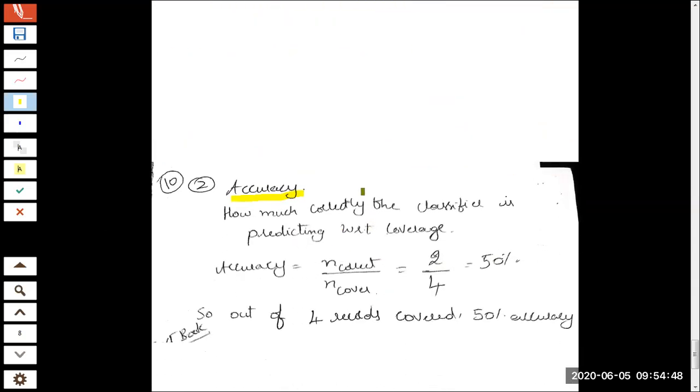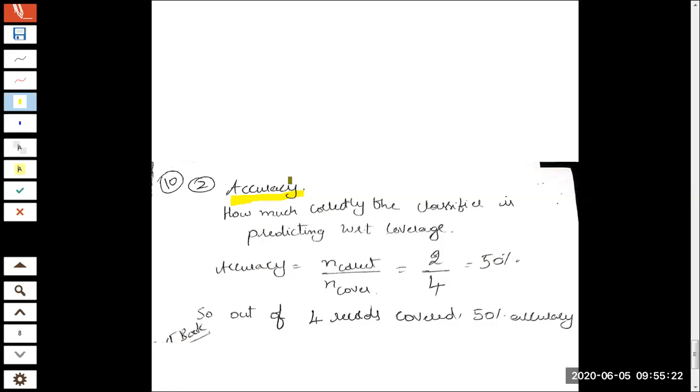Next one is accuracy. Now I just now mentioned out of 10 students, I'm able to identify 4 students. I'm able to name 4 students. In that also, I need to check whether whatever I have named is correct or not. Whatever I have named, maybe in some cases it may be wrong also. Out of those 4 students, how many students I could identify correctly?